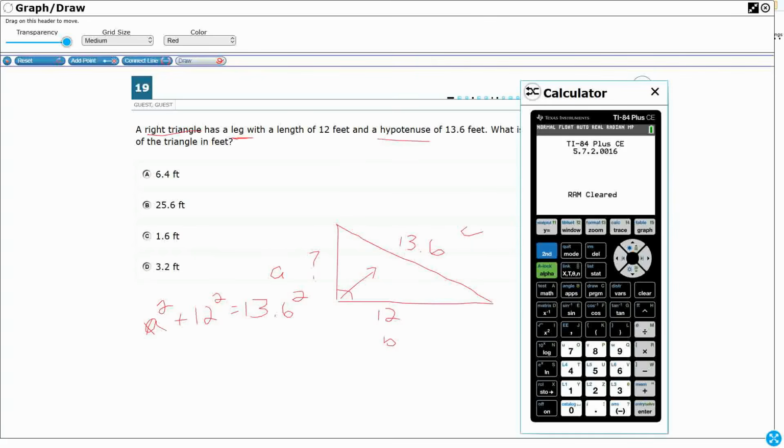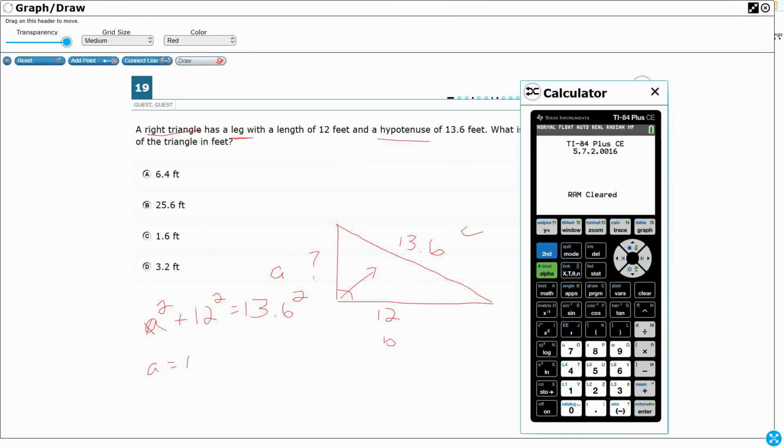So obviously we've got 144. I don't know what 13.6 squared is. Let's just square that. Okay, equals 184.96. And then I need to subtract the 144 from both sides and then take the square root. So let's subtract 144.